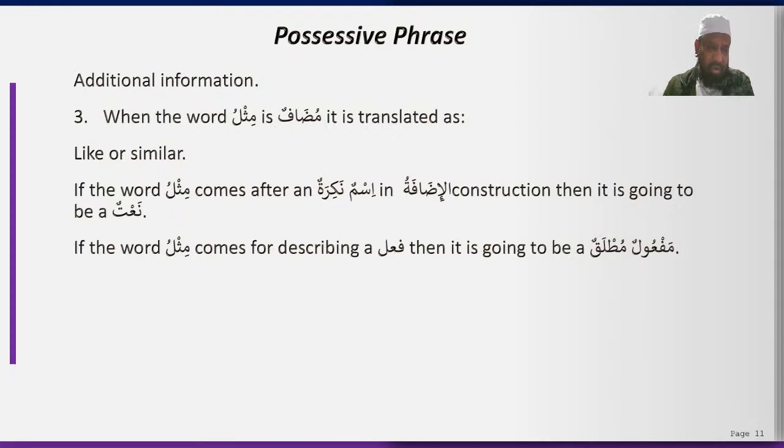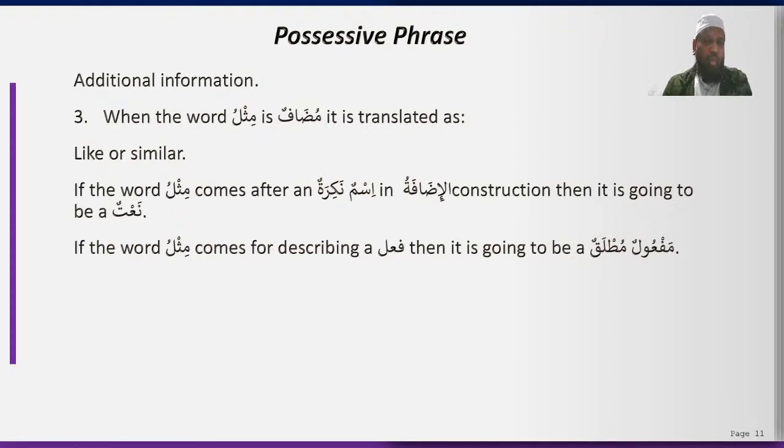If the word مثل comes after an اسم نكرة in idafa construction, meaning مثل becomes مضاف, then it is going to be a na'at. So in idafa construction, after مثل, if اسم نكرة, then مثل becomes na'at.